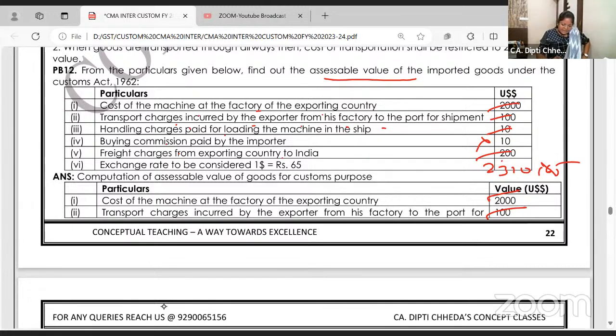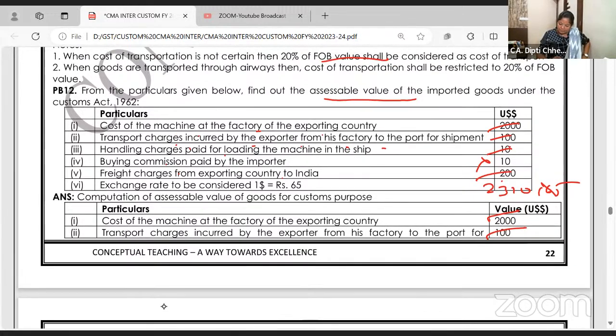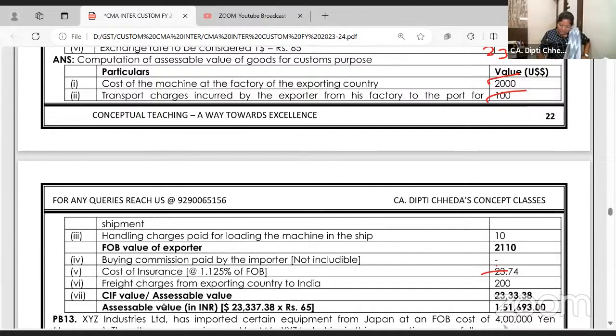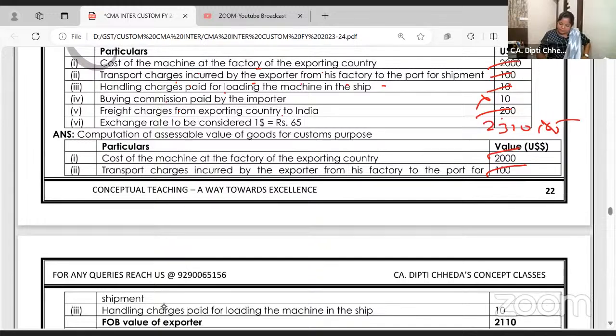So insurance they have given. No. Then you have to charge both. Freight you have to take 20%.